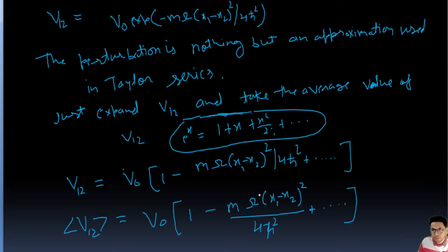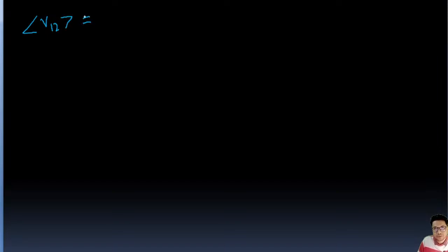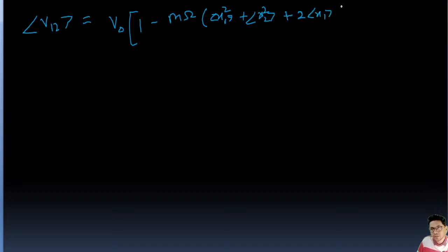Now we are taking the average, so we open it: the average of V12 is V0 times 1 minus mω, average of x1 squared plus average of x2 squared minus 2 x1 x2 average, upon 4ħ squared, plus so on. We are using the trick, guys.